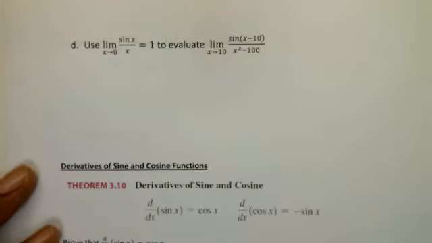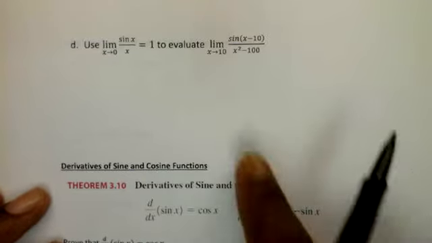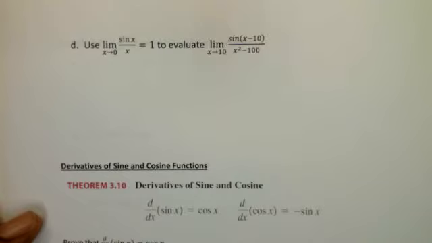All right, here's one more of these. Let's use the limit as x approaches 0 of sine of x divided by x equaling 1 to evaluate this limit as x approaches 10 of sine of the quantity x minus 10 divided by x squared minus 100. Okay.